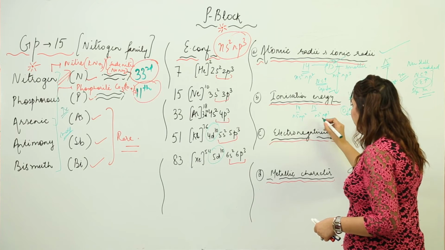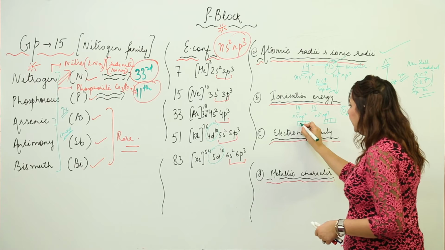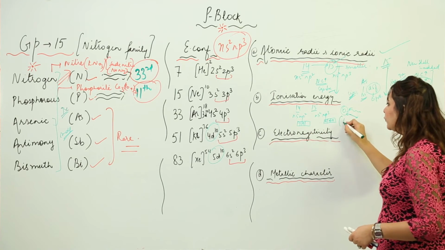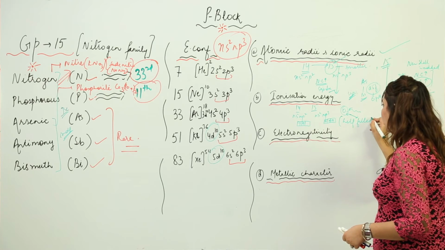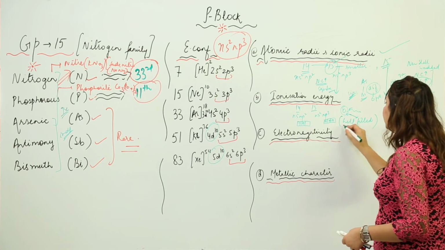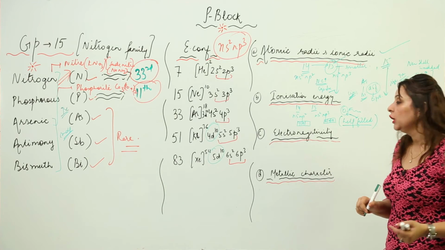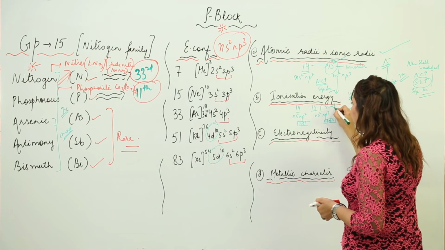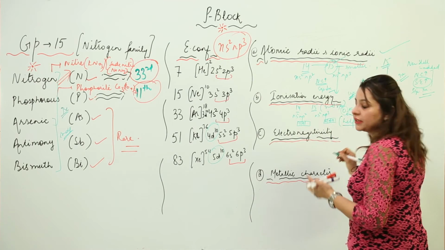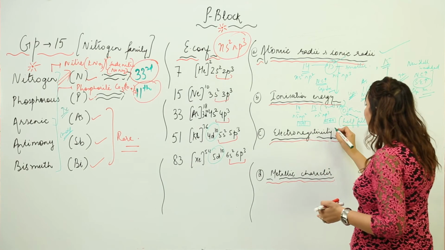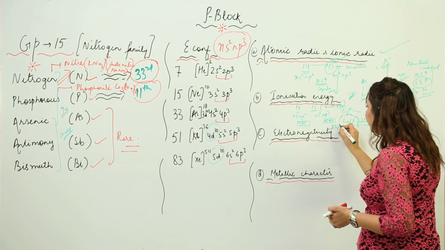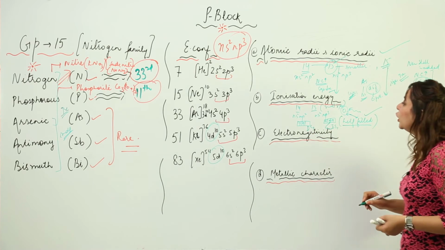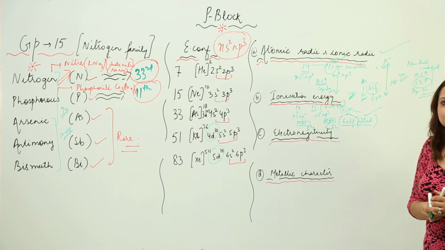So group 15 members have a half-filled p orbital, and we know that half-filled orbitals are more stable. Due to their smaller size and half-filled stability, the ionization energy of group 15 is greater than that of group 14. So this is how you are going to compare the ionization energy of 14 and 15.